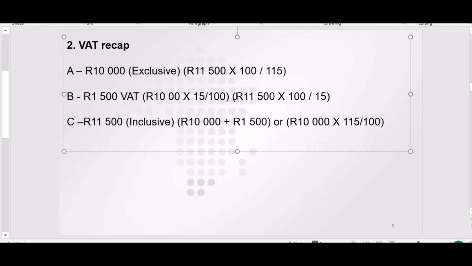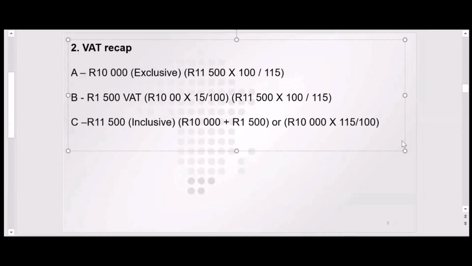Is there anyone who is still struggling with the logic behind these calculations? Yes. Can you just please explain one more time how to get from C to B and A? So of the methods presented, which one is the simplest, or does it not matter which one we choose?